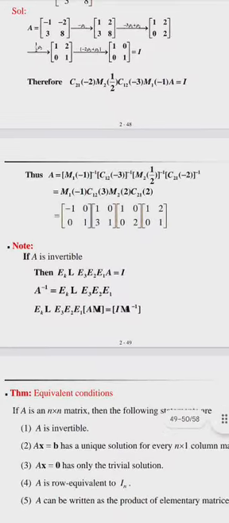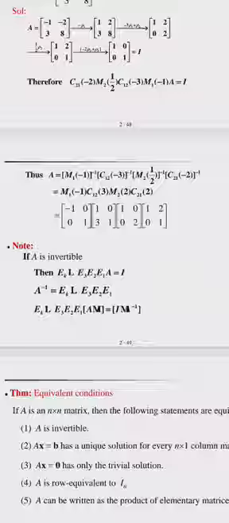Then A equals M1 of minus 1 the whole inverse, C12 of minus 3 the whole inverse, M2 of 1 by 2 the whole inverse, C21 of minus 2 the whole inverse, which equals M1 of minus 1, C12 of 3, M2 of 2, C21 of 2.